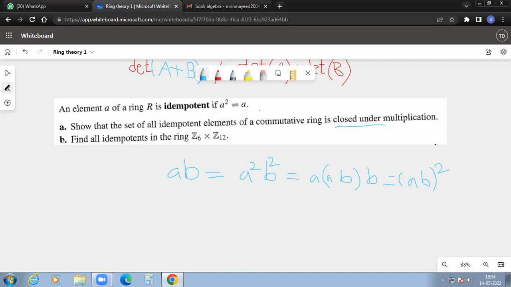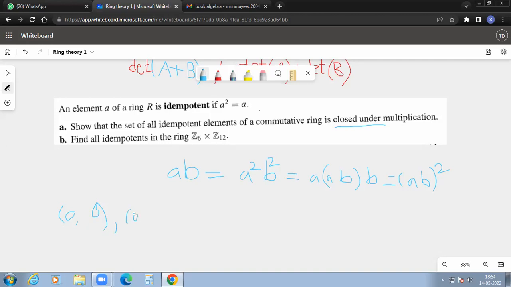And one more example, question B part is given Z6 cross Z12, and they are asking you to find all idempotents in the ring. Now Z6 cross Z12 will contain what? Z6 contains elements from 0 to 5. So 0, 0. Then you'll have 0, 1.